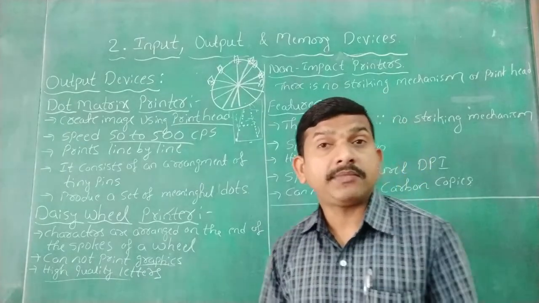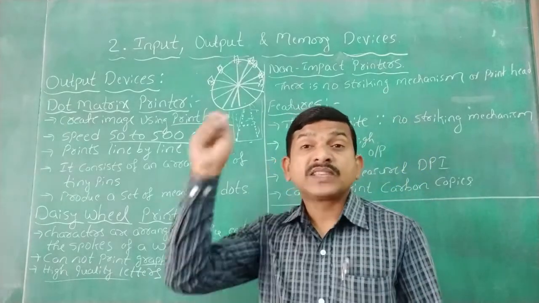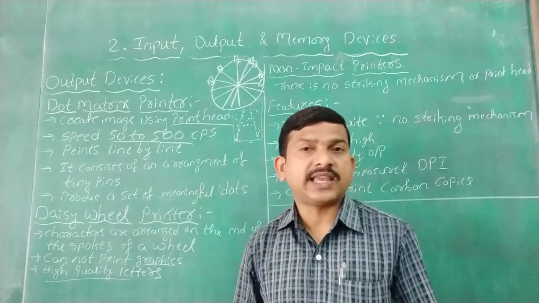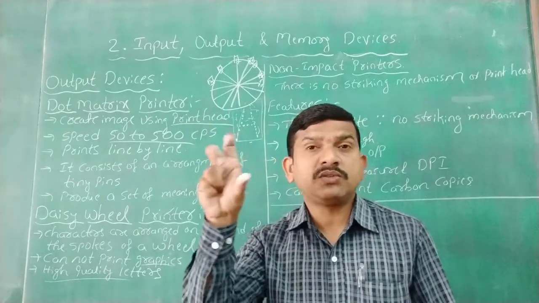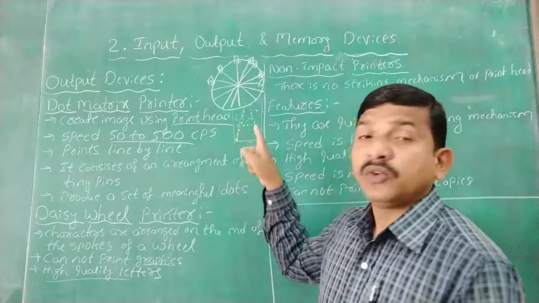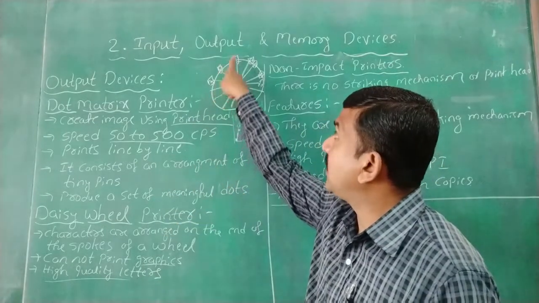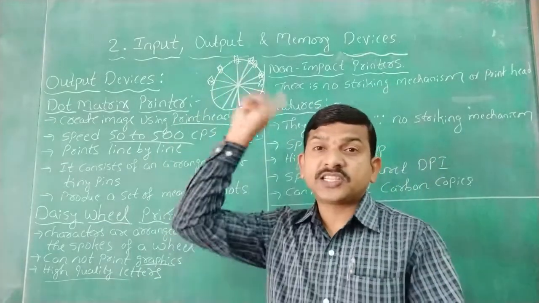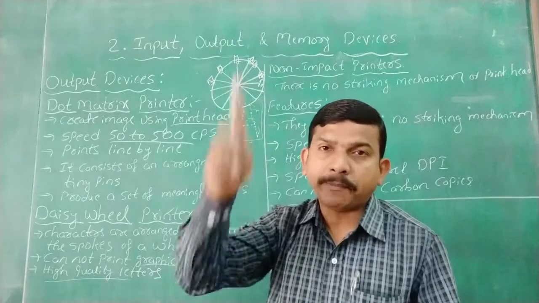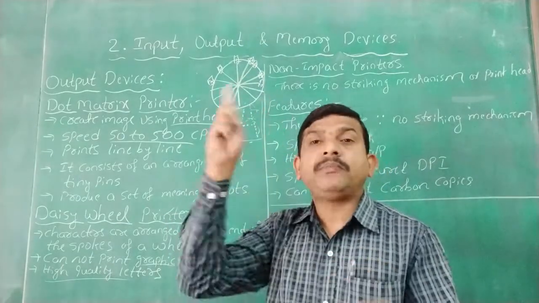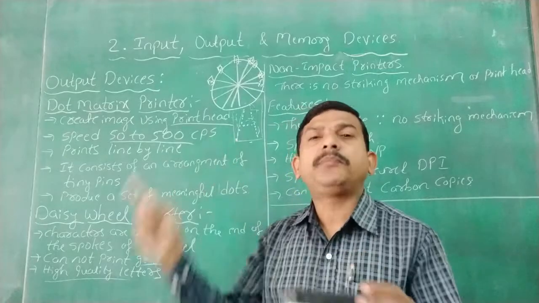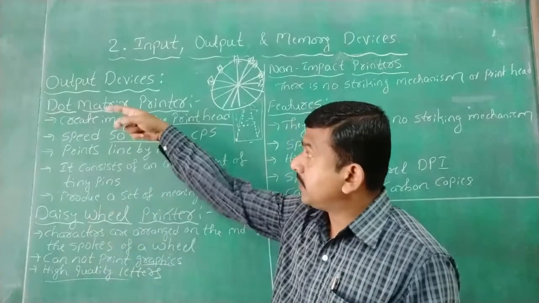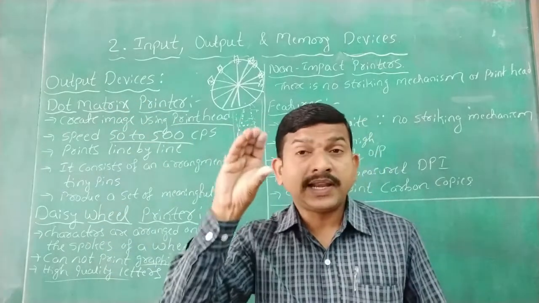So what does impact printer mean? There we are using a striking mechanism, which means we are using one head. In this one, the end acts as a head. The head strikes on paper, and then only the letter will be displayed. A character will be produced. In a dot matrix printer, we are using a print head.